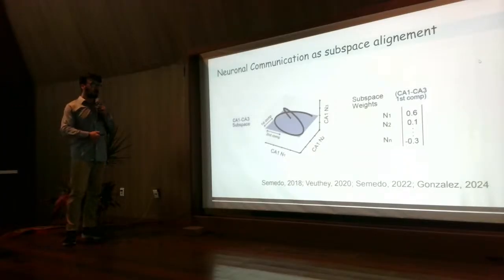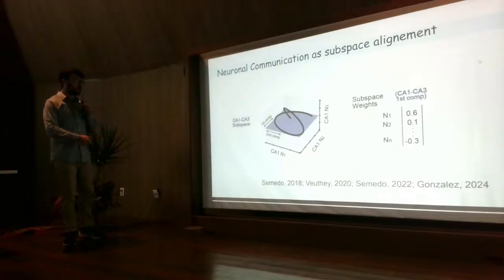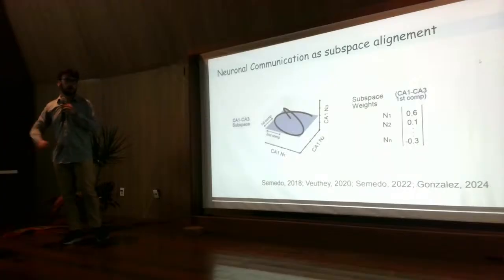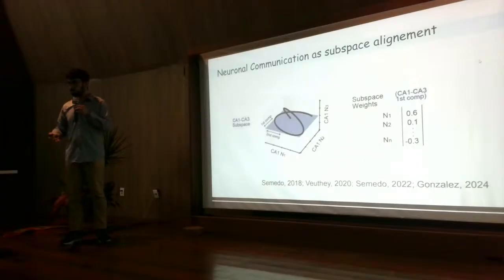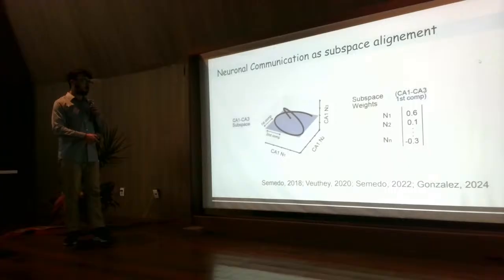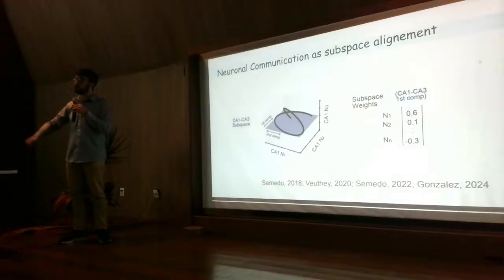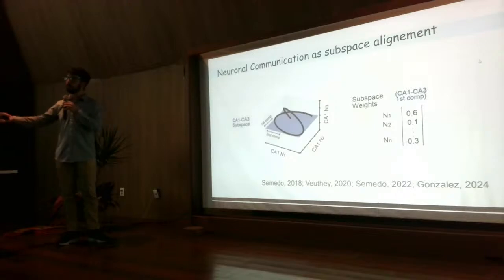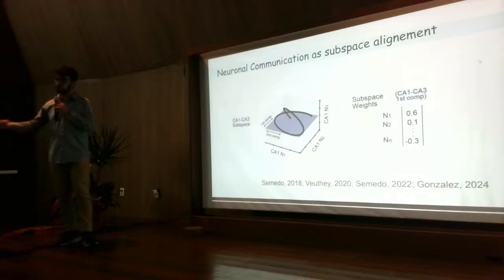Now suppose that neuron 1 and neuron 2 project to this downstream area, but neuron 3 does not. All the population patterns that show variations in this axis and this other axis will be transmitted to the downstream population, but neuron 3 can do whatever it wants, and it will never be read by the downstream population.